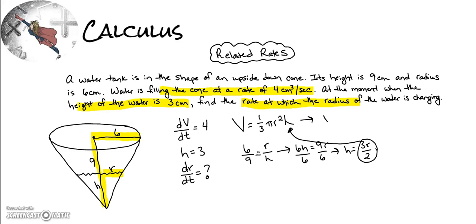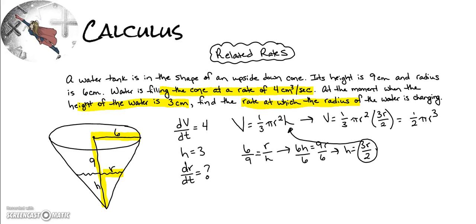So now my volume will equal 1/3 pi r squared times 3r over 2, because now my volume only has r's in it. And I'll just simplify that a little bit, and that's going to become 1/2 pi r to the third.